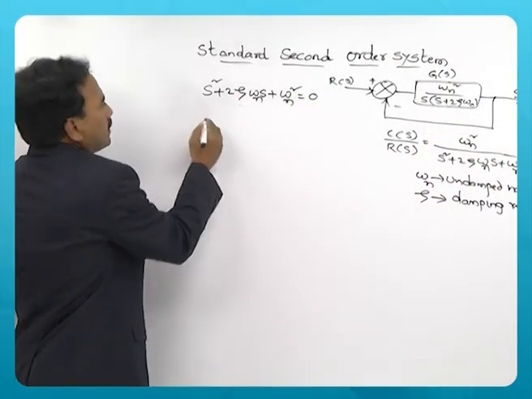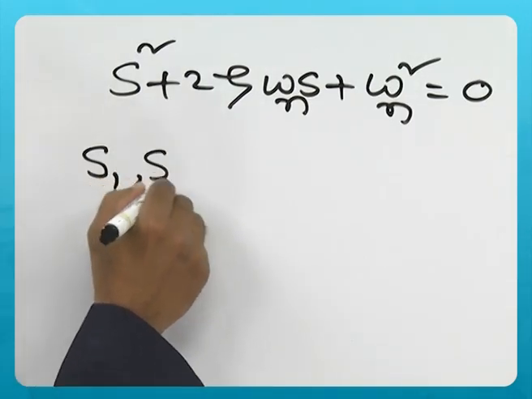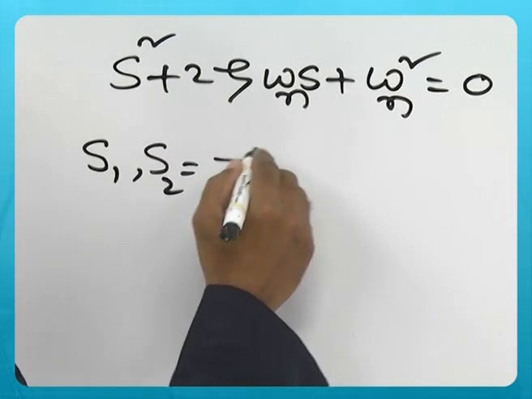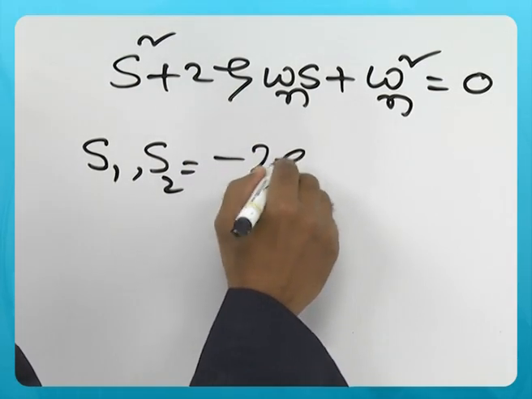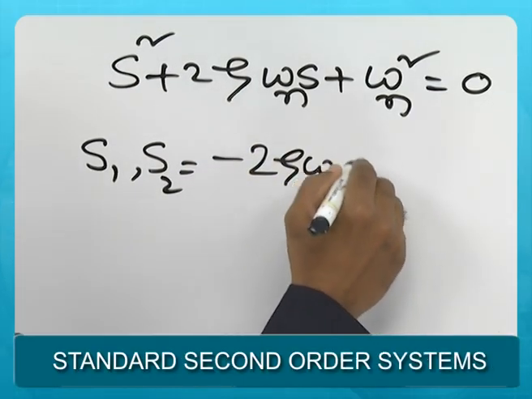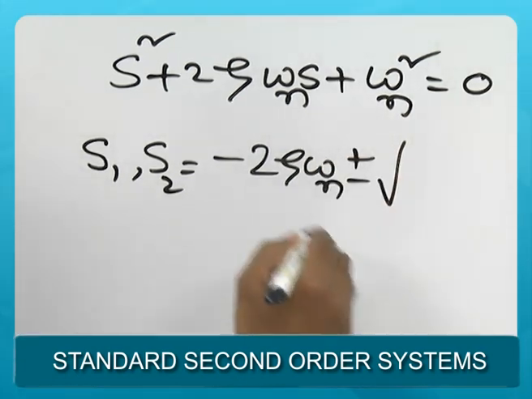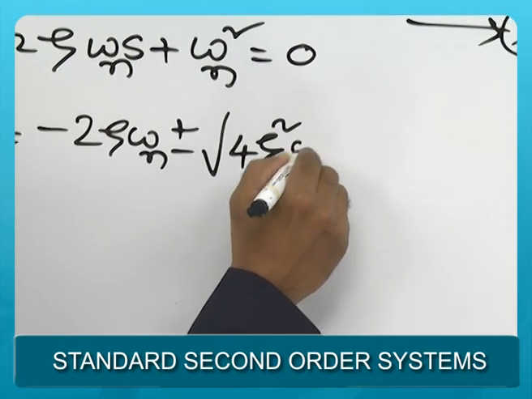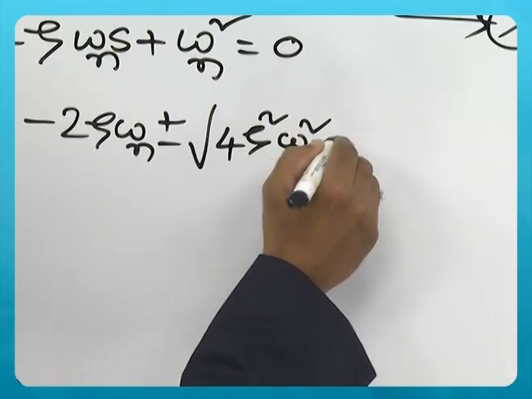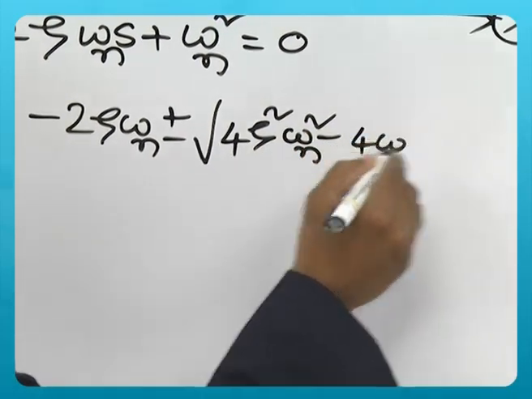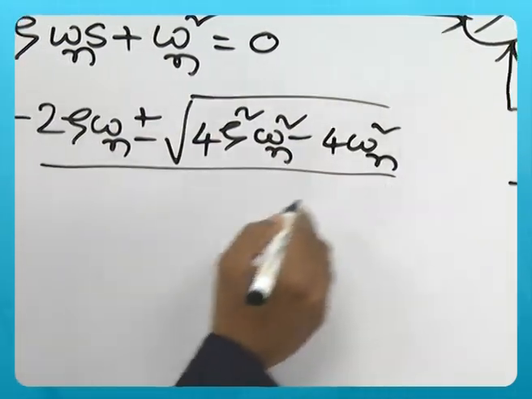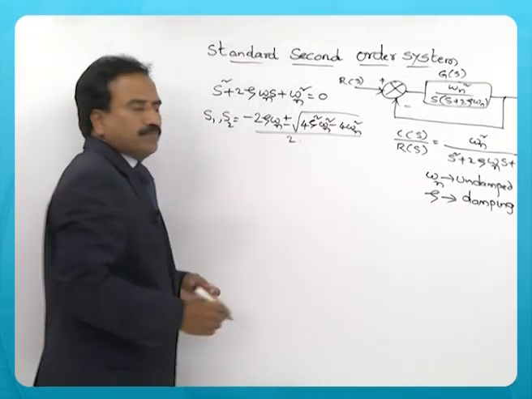So the roots of this characteristic equation, S1 and S2, are minus b plus or minus under root of b square minus 4ac, by 2a, that is, minus 2 zeta omega n plus or minus under root of 4 zeta square omega n square minus 4 omega n square, by 2.